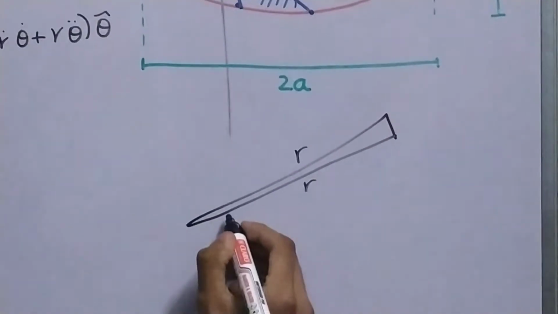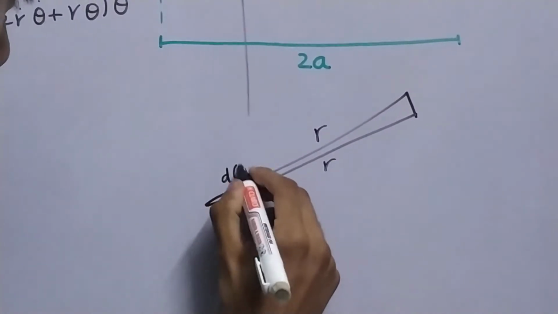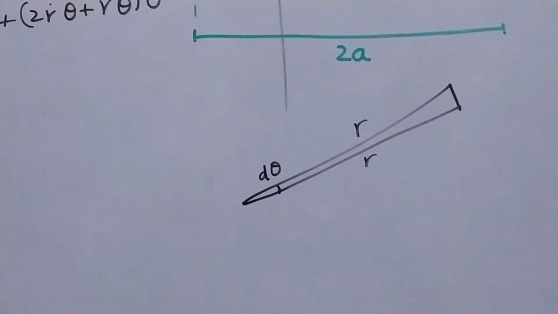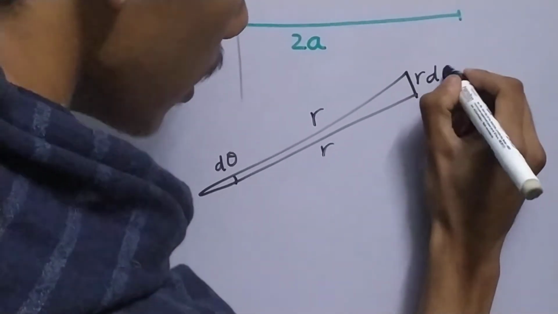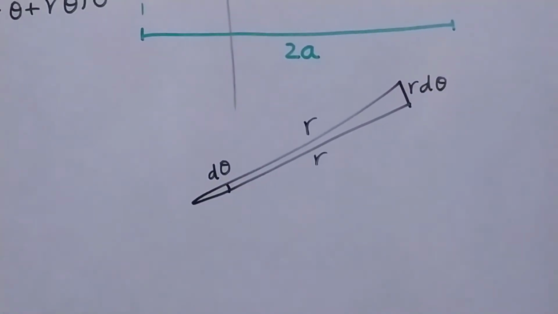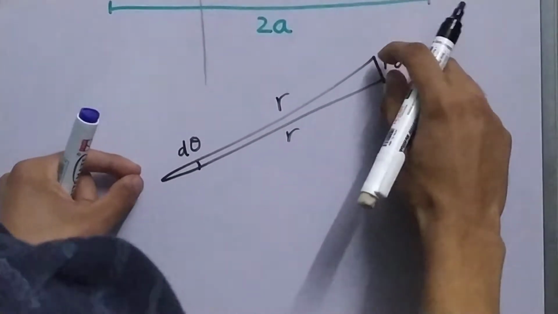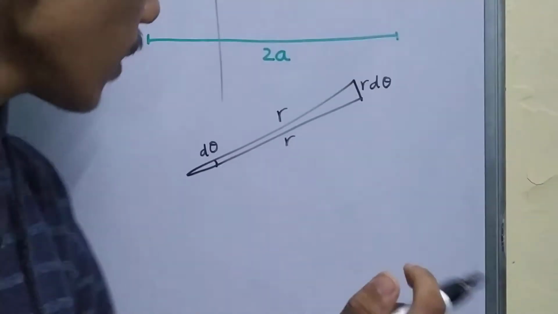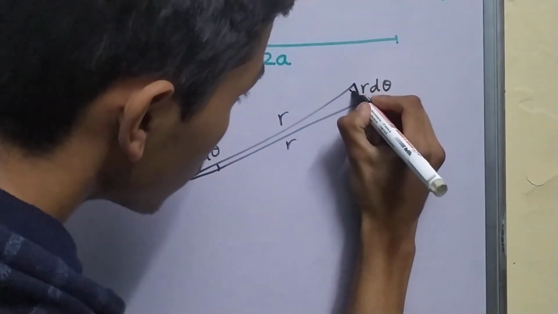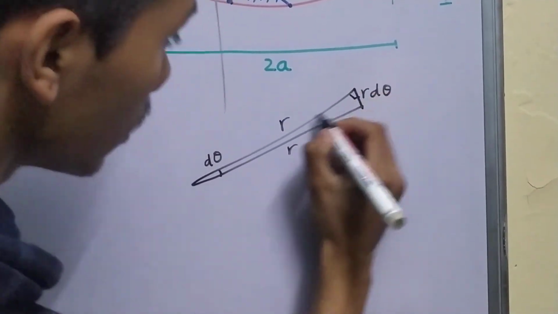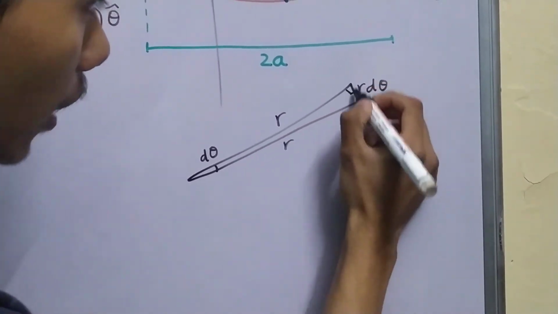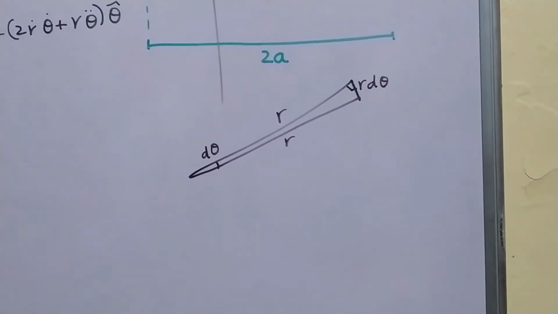Okay, so let this angle be d theta, a very small change in theta. So this length will be r d theta. Now if this strip is very thin, then r will be perpendicular to r d theta.